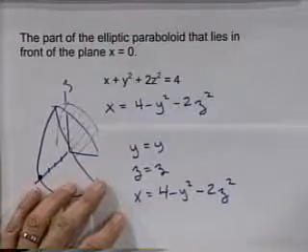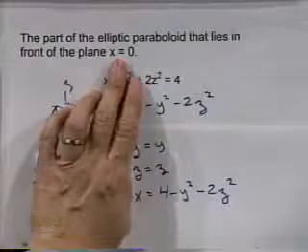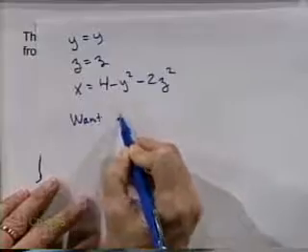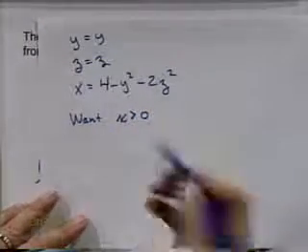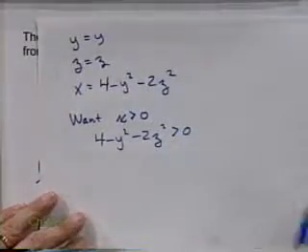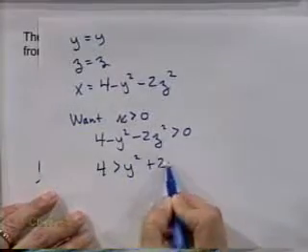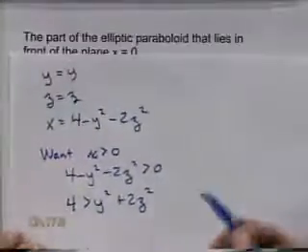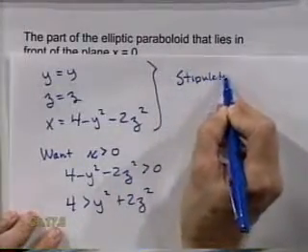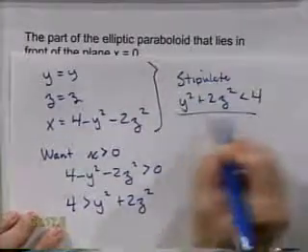Now, since they're saying they want you in front of the plane x equals 0, if you're in the front, that means they want x positive, right? So we want 4 minus y squared minus 2z squared greater than 0, or you could add your y squared and add your 2z squared, and we could say, okay, this is my parametric representation, but we're going to stipulate that y squared plus 2z squared has to be less than 4.